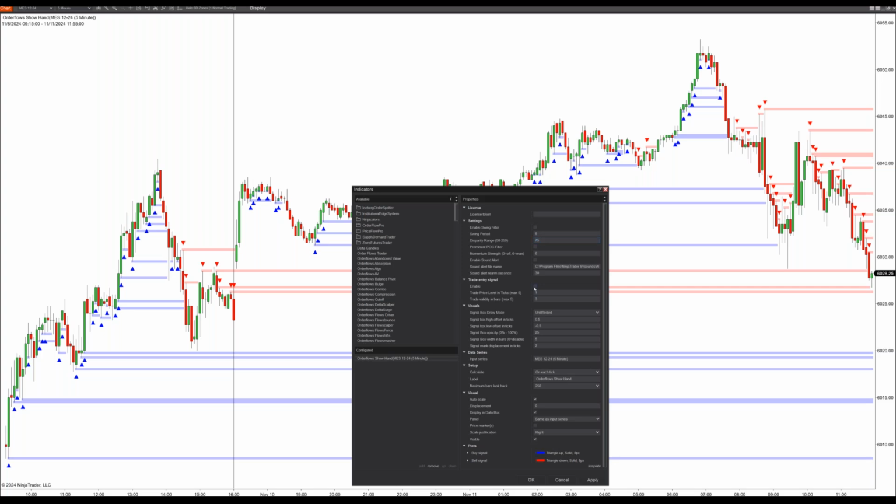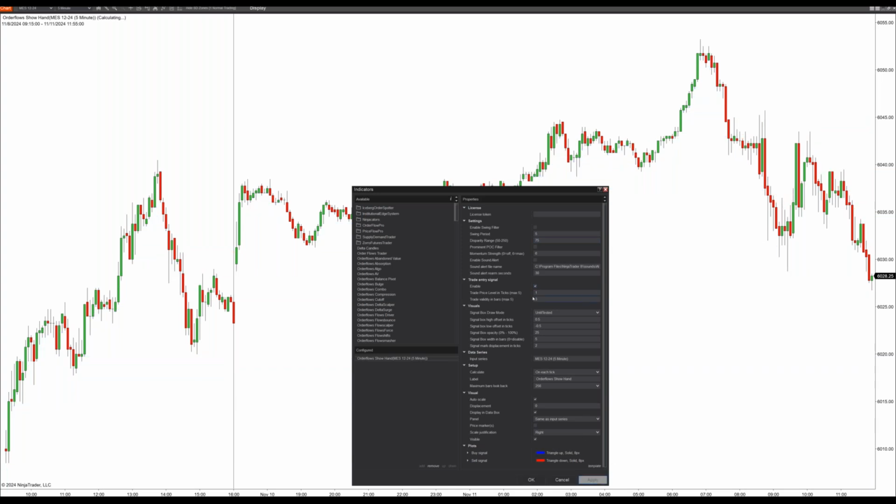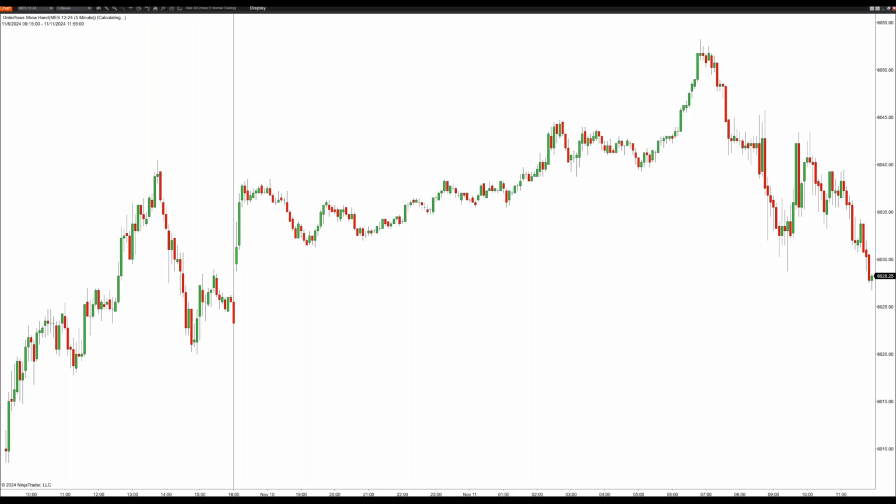I do believe on an equity market you do need to have it on. Again, the default settings of 150 and 6 are a good starting point for equities, E-minis, NASDAQ, and go from there.